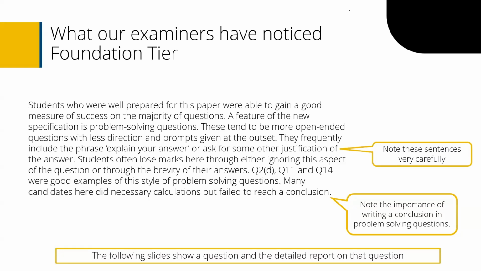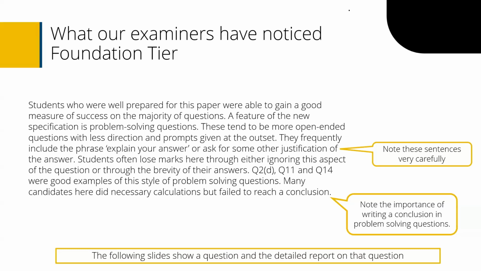There are key things worth reading so that we make sure we explain and emphasize them. As you become more experienced with the papers and read all this information, you will know exactly what to highlight to your students as they come towards their exams.